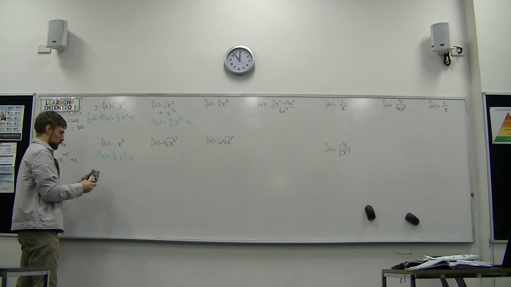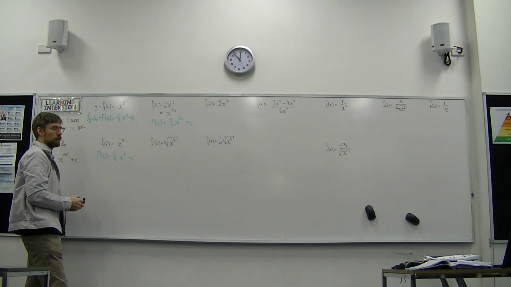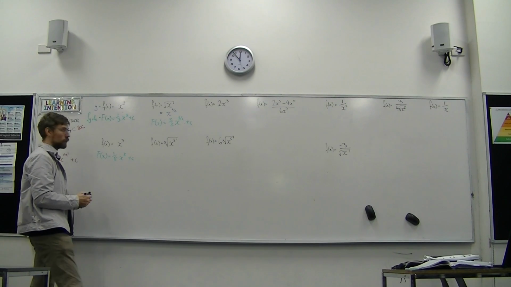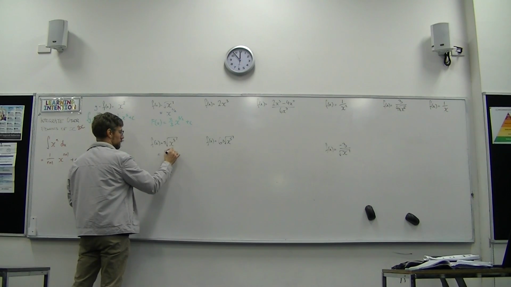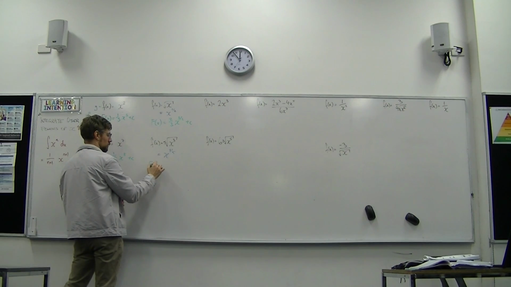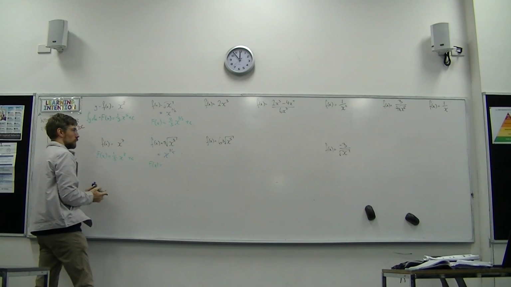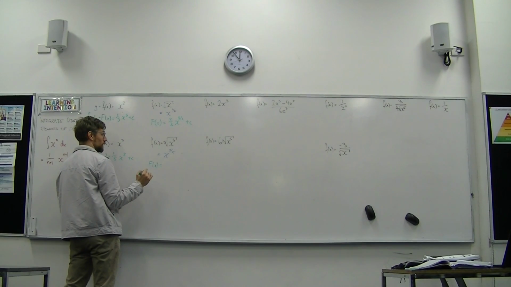Cool. Somebody else want to give me what we're going to do? Change it into a power. Cool, what do you get? Root 5. And so that'd be 5 on 3. No, not 5 on 3, sorry.